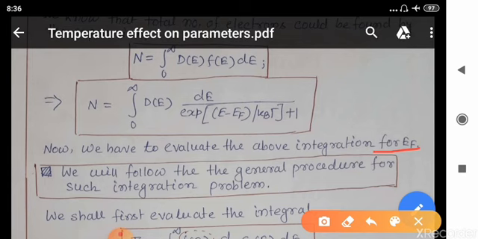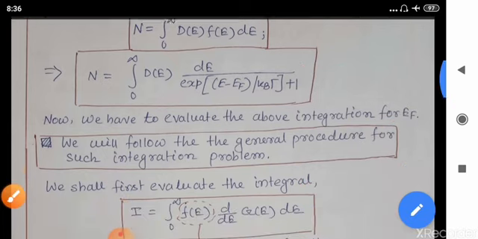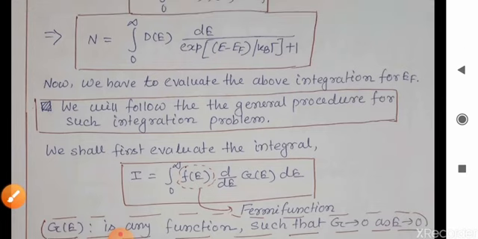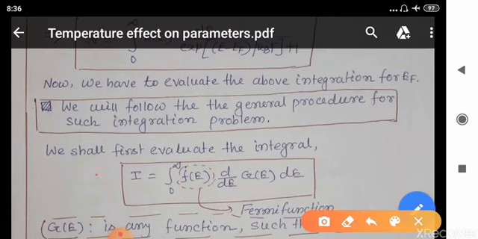We will follow the general procedure for such an integration form. So our task is how to evaluate this integral. First, we would like to evaluate the integral of the form I equal to integral from 0 to infinity of F(E) g(E) dE, where F(E) is the Fermi function.